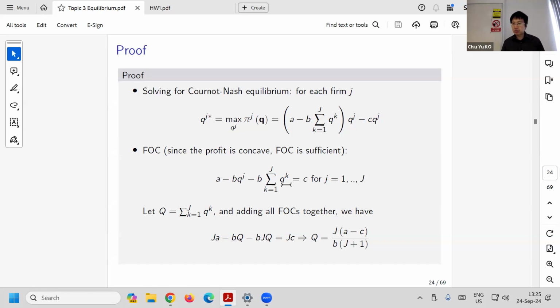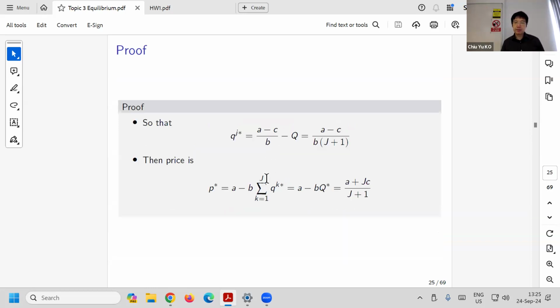This is big Q, you can plug it back. You figure out that this is (A minus C) over B(J plus 1). Once you calculate the quantity, you can put that back and get the price. This is how you arrive at this solution.